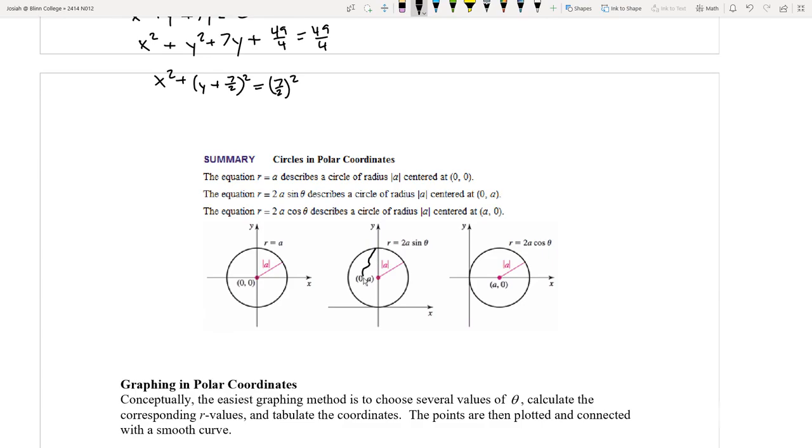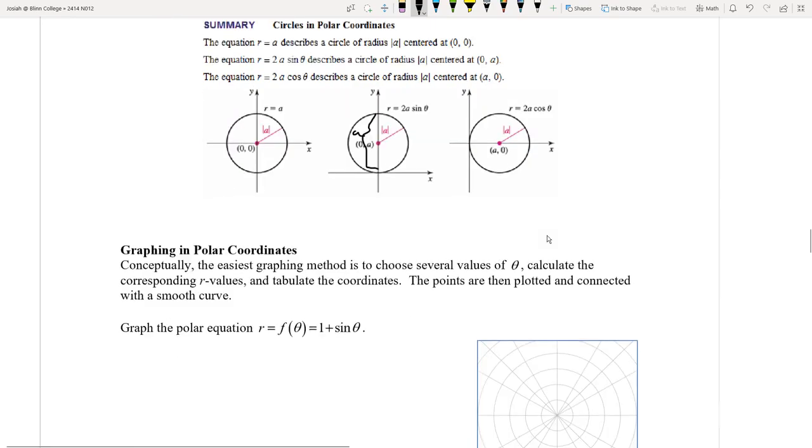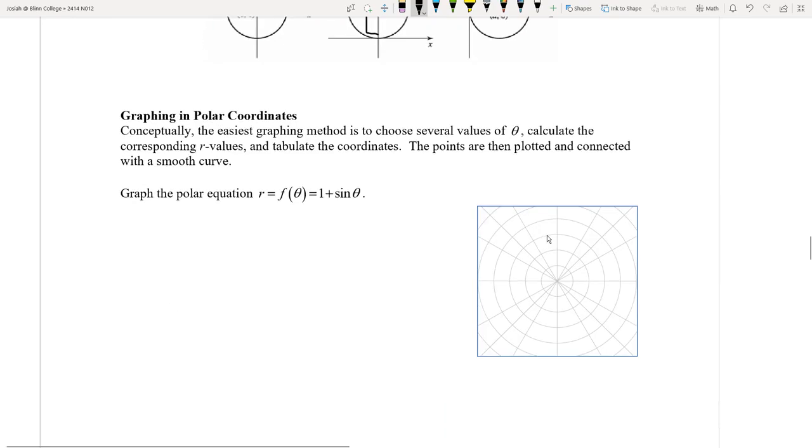And so we can say that this distance, the diameter here, would be a. If we have cosine instead, we're along the x-axis. So that's going to be a generalization for these particular types of equations, but there's definitely more possibilities, and we'll have to figure out some other way of figuring these out.